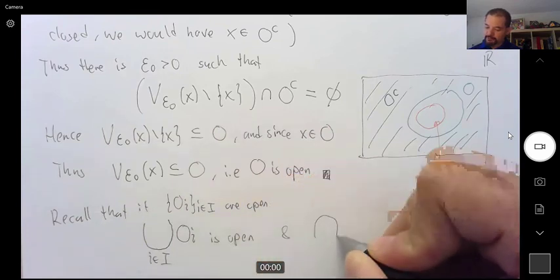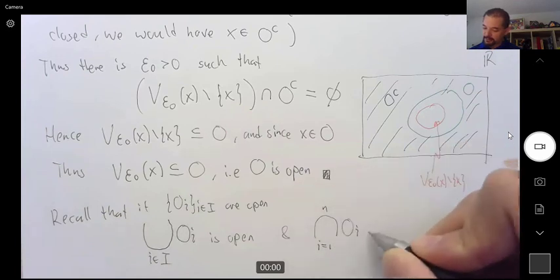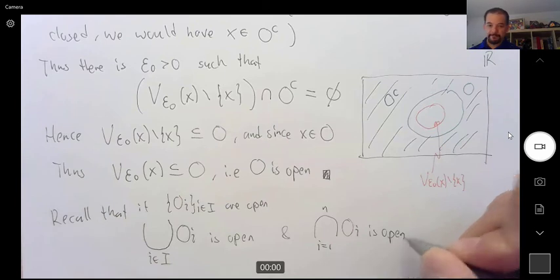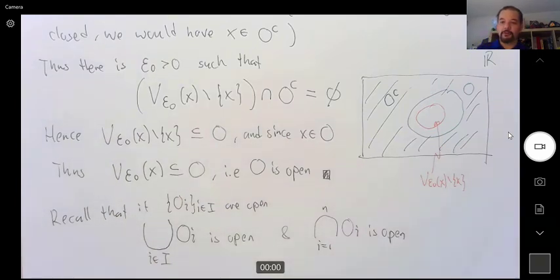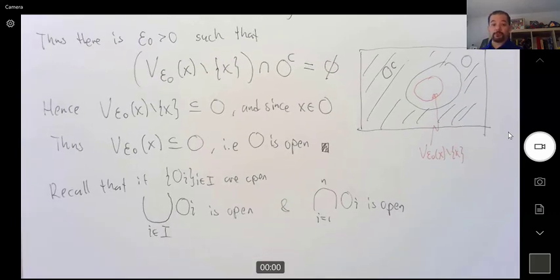And if you do an intersection of finitely many of them, that one is also open. So arbitrary union of open sets is open. Finite intersection of open sets is open. We proved that. So now, thanks to the De Morgan rules, we can now do it for closed sets.